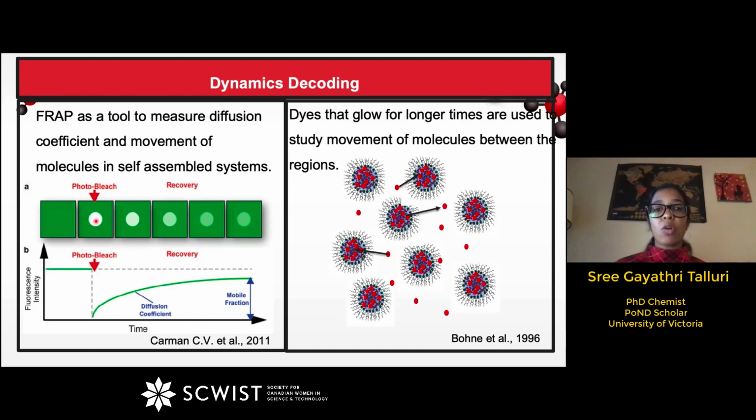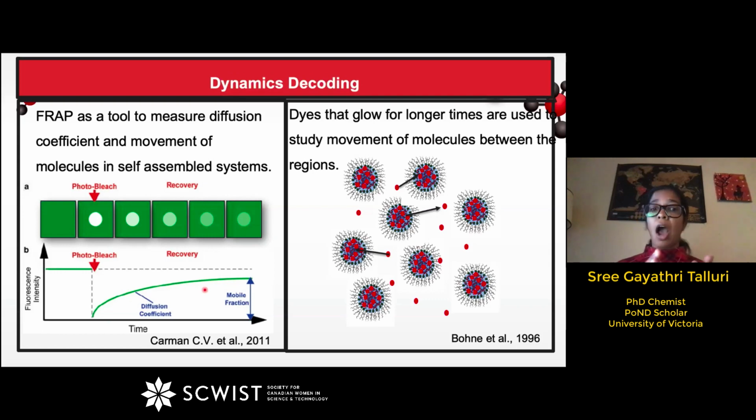As a result, what you see is, as time progresses, you see the recovery of fluorescence in the circular area that was bleached initially, which you can see in the graph and how you see the recovery of intensity with time. This information will help us to determine the diffusion coefficients for the dyes.